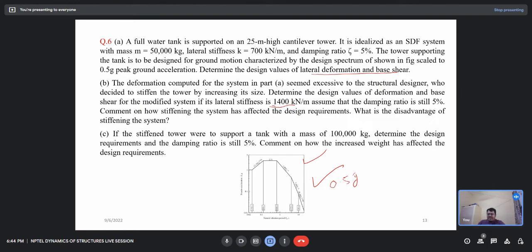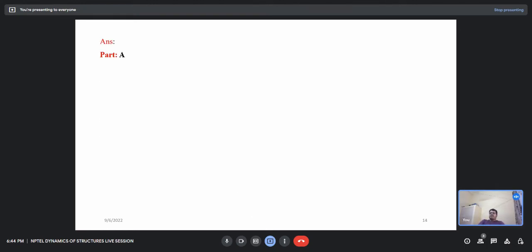Okay, now let me go through the cases one by one. In the first case, part A, the mass is 50,000 kg, the stiffness is 700 kilonewton per meter, and damping is 5%. Can you tell me the time period?